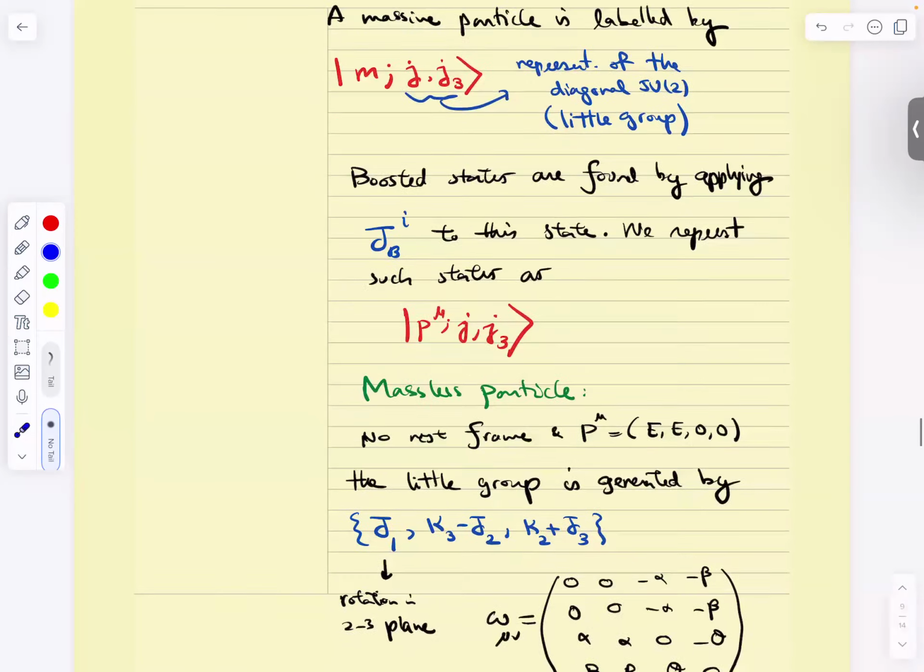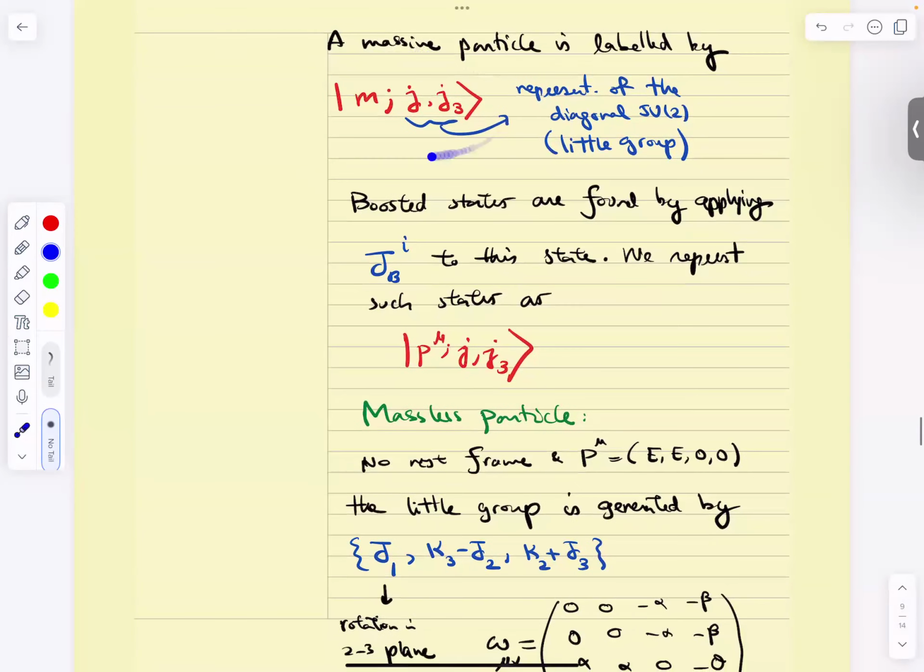So this is written in the basis that is diagonal. If you want to find it in a basis that's not diagonal, you apply boost to this vector, and you know how boost acts on things. So this will be generically P mu and J3.